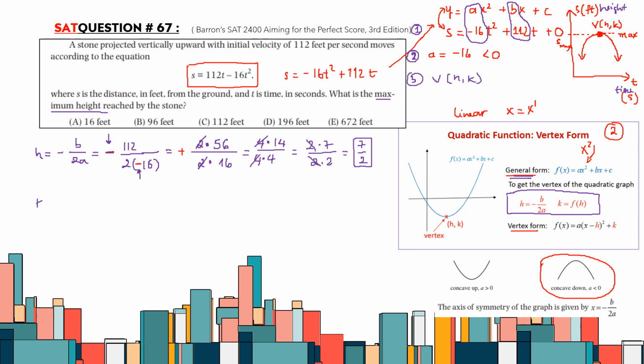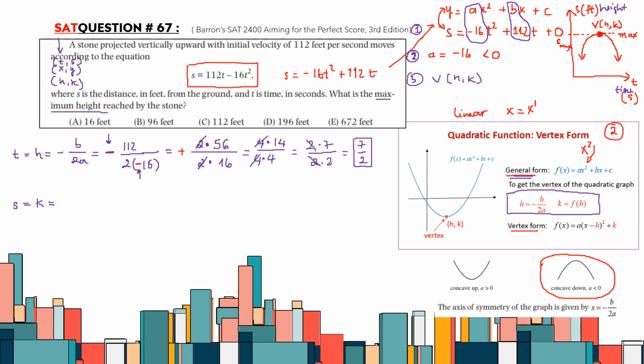Now we find k by plugging h inside, right? So in this case, this is t. So this is s. So x comma y is the same thing as s comma k, which is the same thing as t comma s.